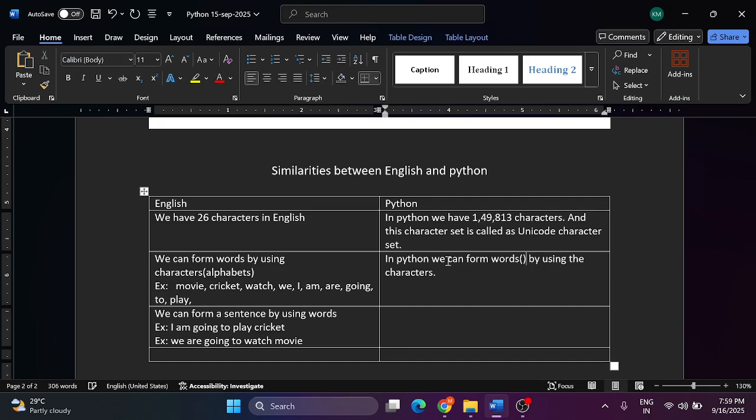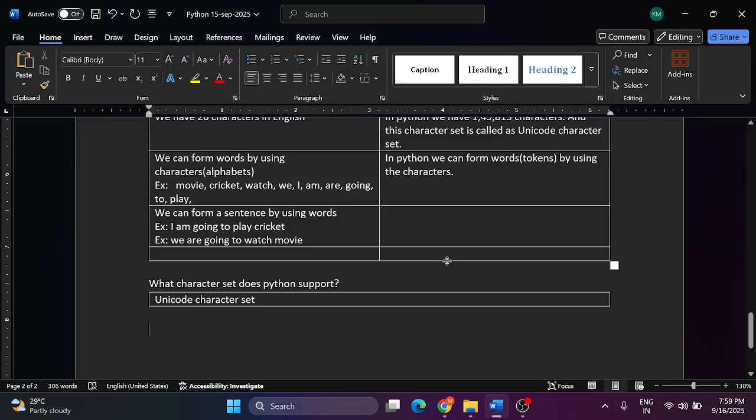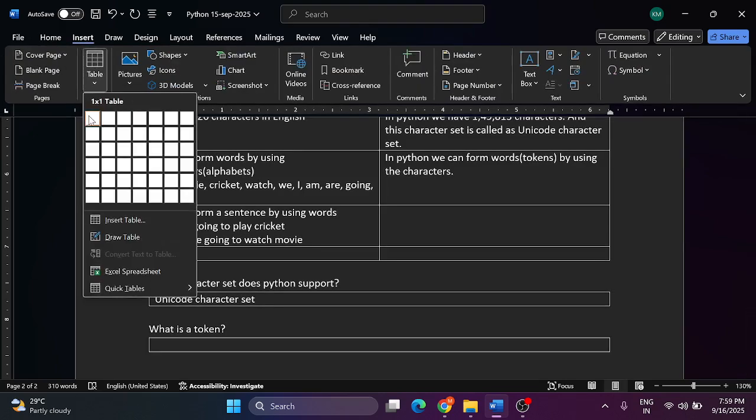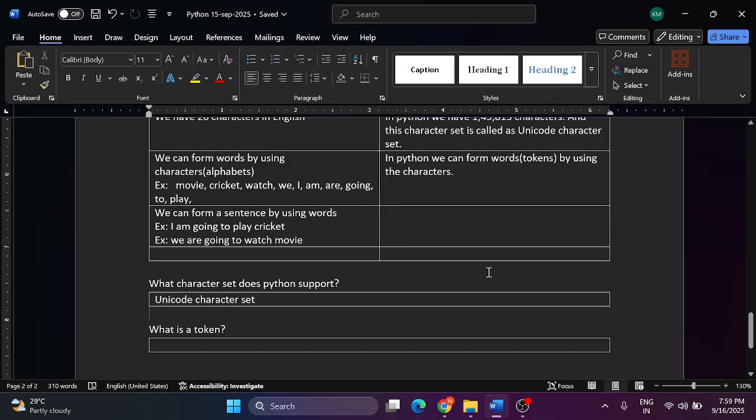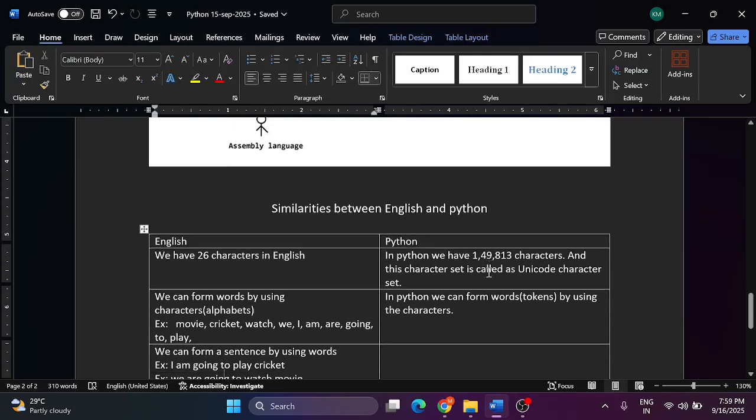We won't use this word. In programming languages, words are called as what? In programming languages, words are called as tokens. Understand, guys? Programming language లో వర్డ్స్ అనుకుంటే ఏమంటారు? Tokens.